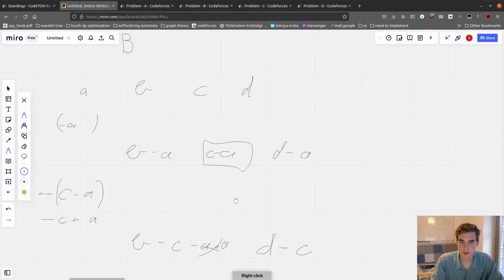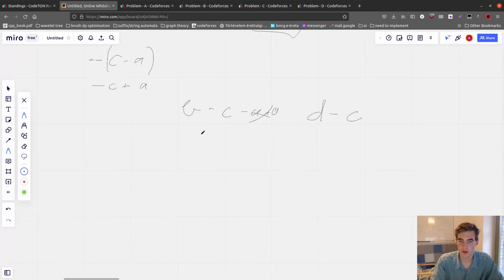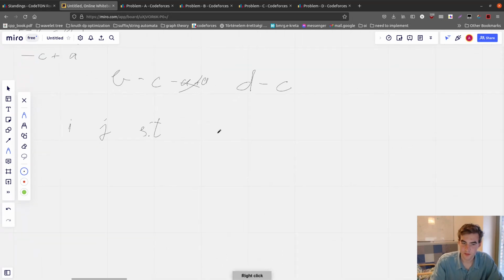And from this, it's pretty obvious that we can only have the last element be k if there exist two indices i and j such that ai minus aj equals k.